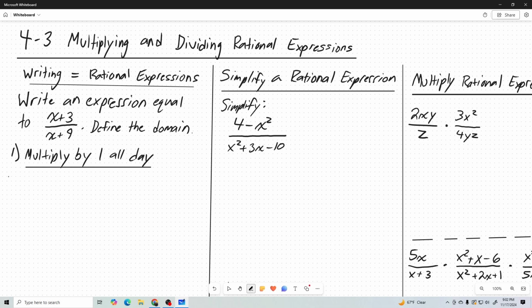And then the second thing that they want to establish is that the domain cannot include where x equals 0 in the denominator.